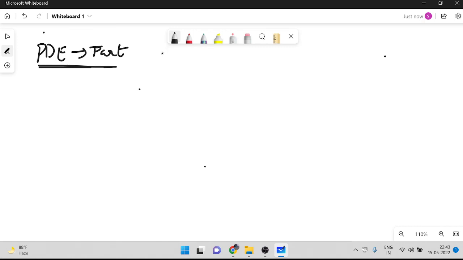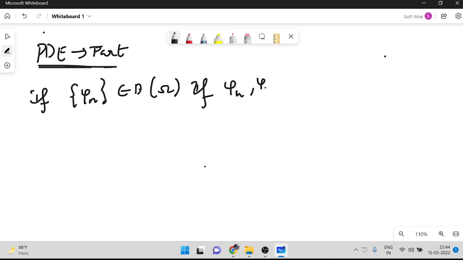Okay, so the topology that we are going to introduce on the set D of omega is this: if a sequence of functions phi n belongs to D of omega, we say that they converge to 0 if all the derivatives, phi n dash, phi n double dash, and so on till infinity, converge to 0. It's a basic notion of topology.